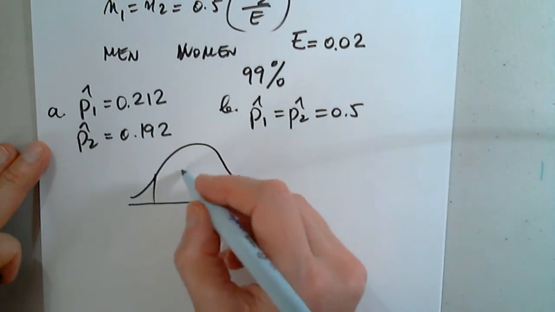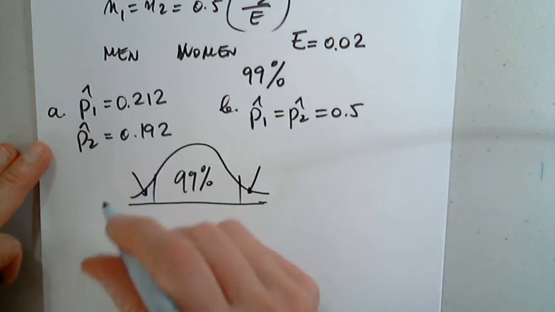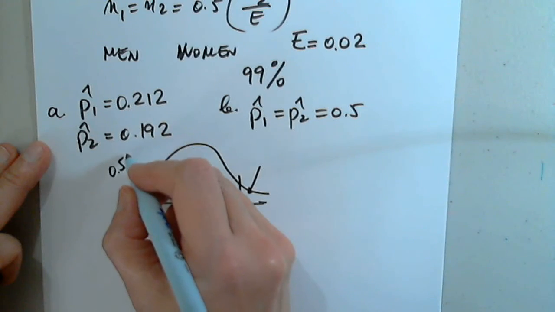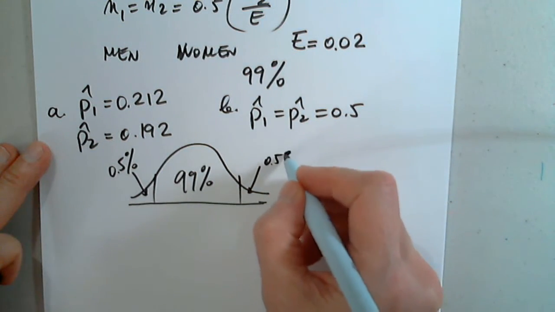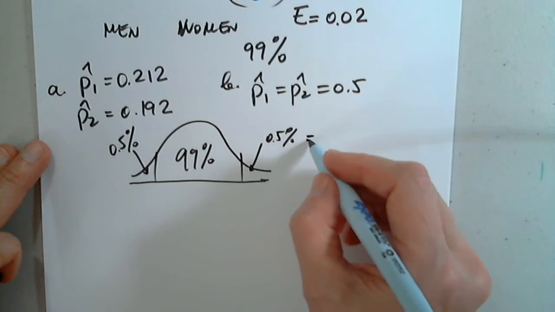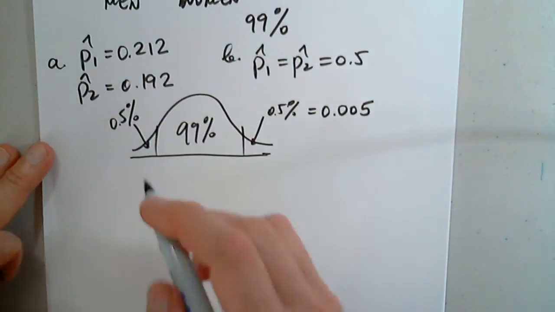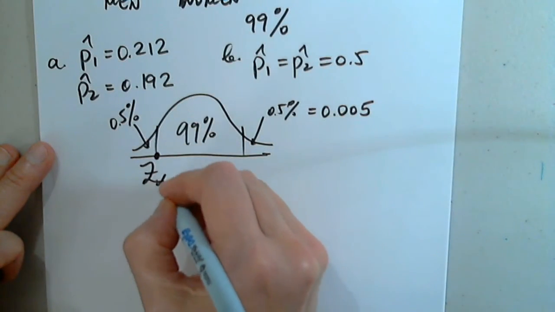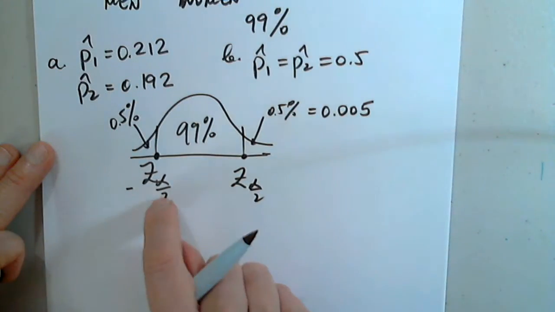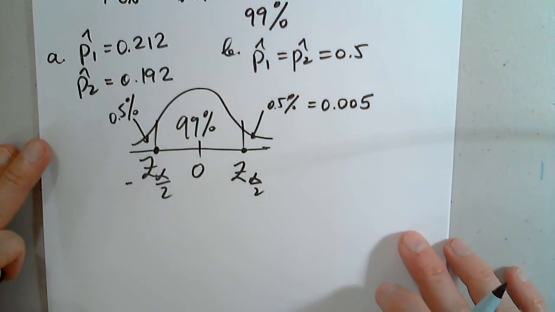This is my 99%. Of course, I have in the tails a total of 1%, but 1% divided by 2 is 0.5% and 0.5%. I cannot use percentages. So this is 0.005. In order to determine this, which is Z alpha over 2, as well as this, Z alpha over 2, of course, this one will be negative and this one will be positive because, as you know, the mean is 0.